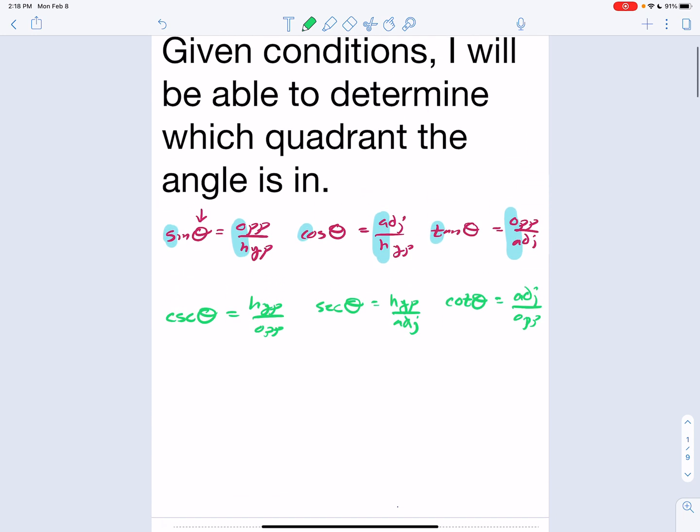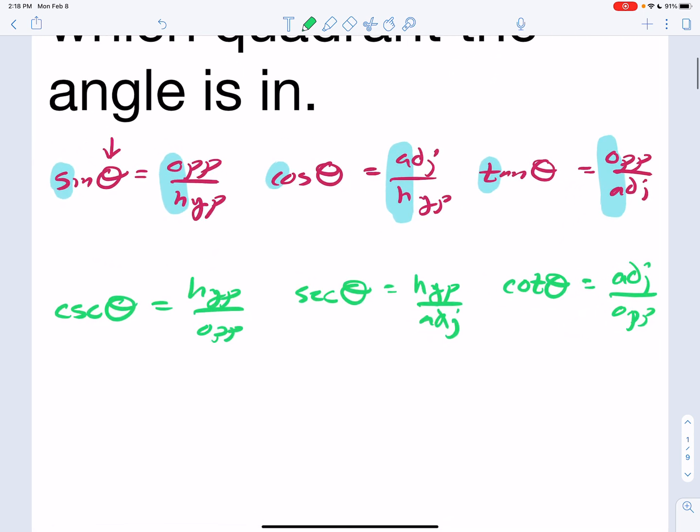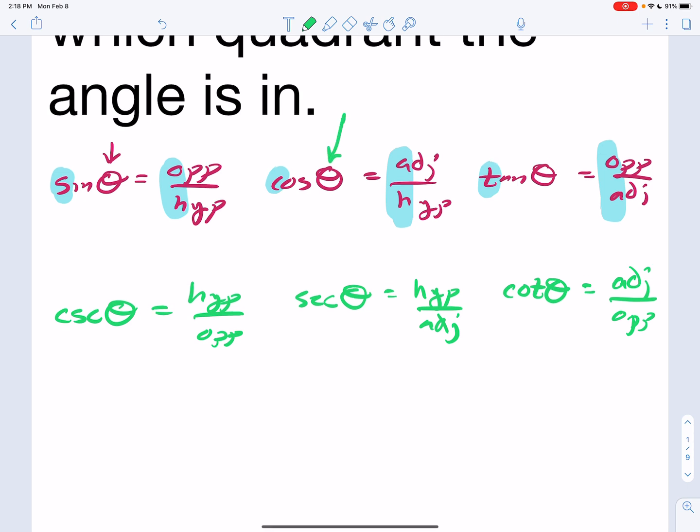Here we go. The reason why we explore a little bit more is because in geometry or in Integrated Math 2, your angles were always acute. This theta right here was always something that was less than 90 degrees. What would happen if your angle expanded beyond 90 degrees?